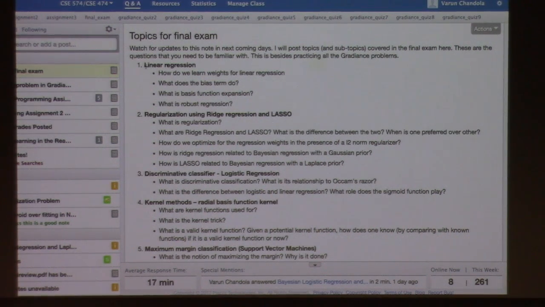So we did linear regression first. There was a big chunk of our discussion on linear models, and the first linear model we looked at was linear regression. The one thing you want to understand in your review is how the learning is done. If you remember, there were two ways we discussed it.